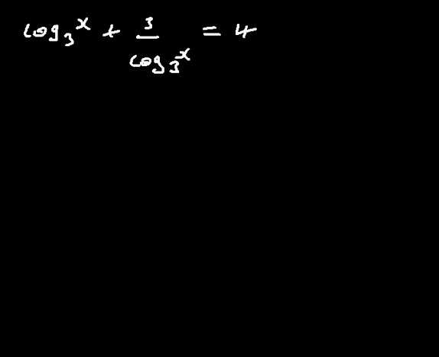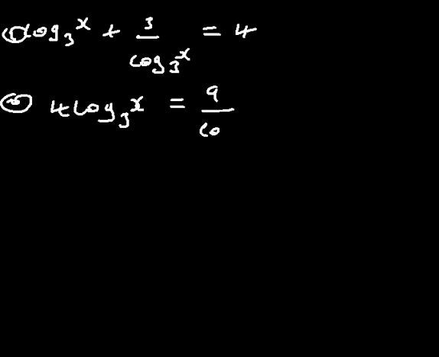How should you solve for x there? And also try this one as well. How about if we have 4 log 3 of x, which is equal to 9 over log 3 of x? So how do you think you can solve that?